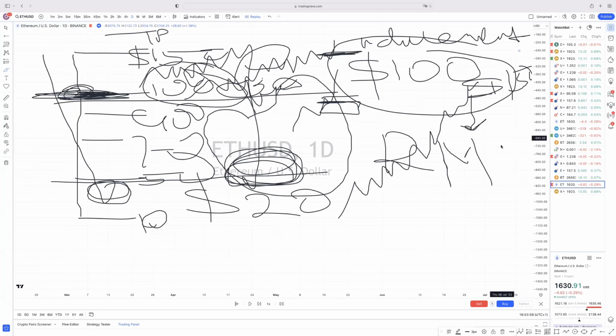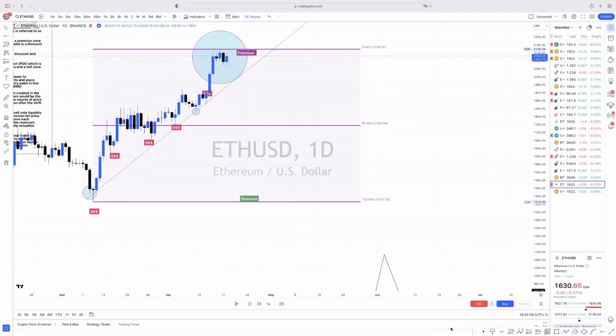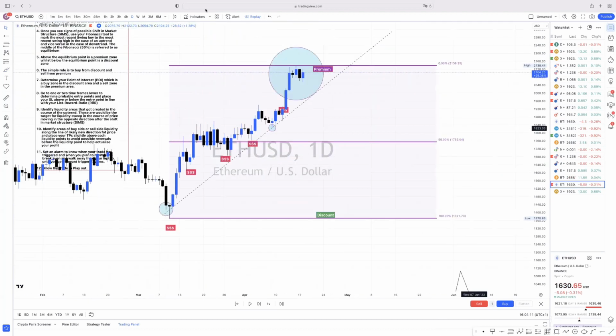For me, whenever I'm trading, let me go back to my chart and just explain that, right? I'm sure this example of Apple has given you some insight into what is premium and what is discount.